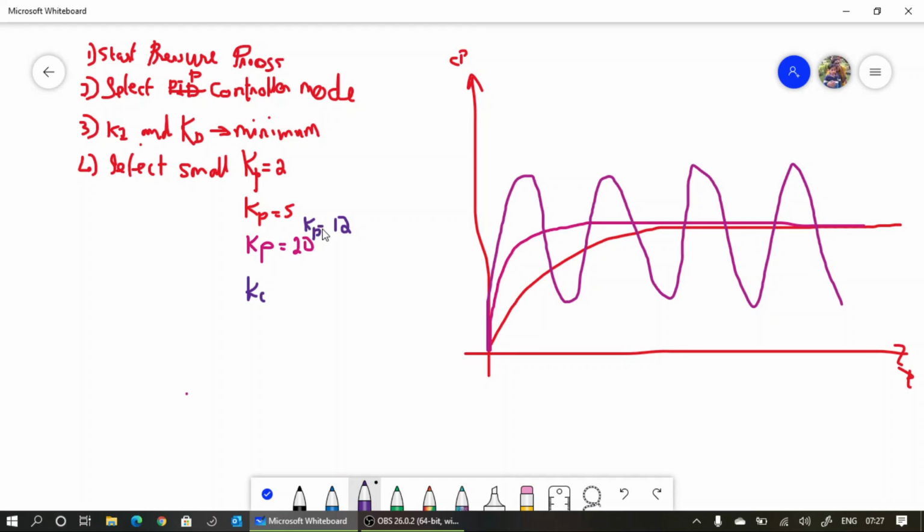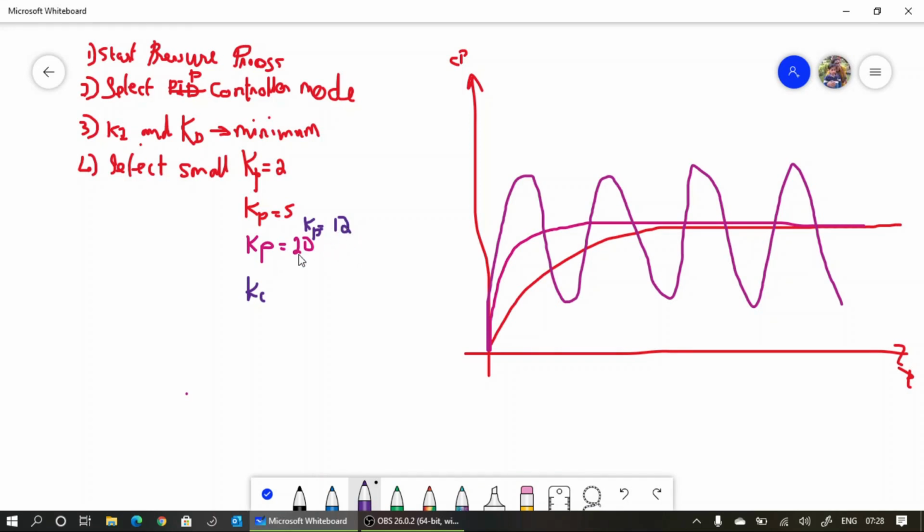Now my question is, if Kp equal to 12 is not giving sustained oscillation, I am not saying oscillation, I am saying sustained oscillation. What is sustained oscillation? It has constant frequency, constant magnitude. It is known as sustained oscillation. So if at Kp equal to 12 there is no sustained oscillation, then the value of Kp at which the sustained oscillation first occurred will definitely be between 12 and 20, right?